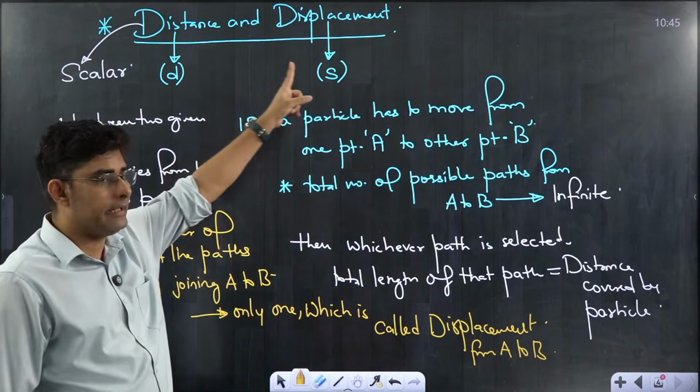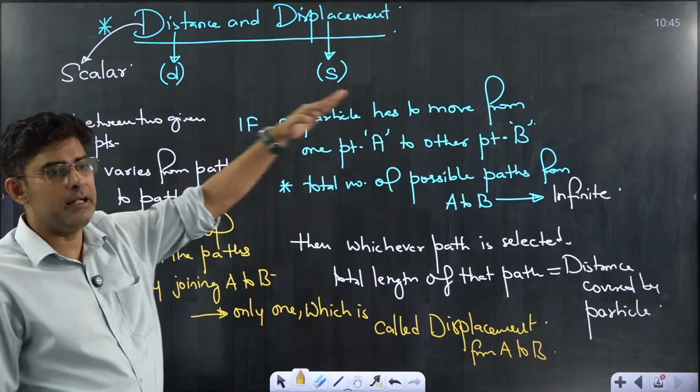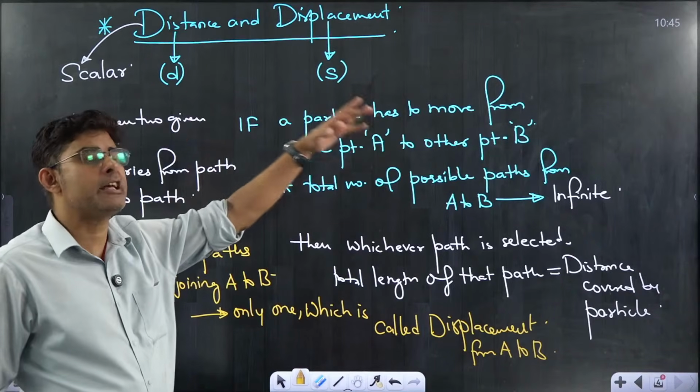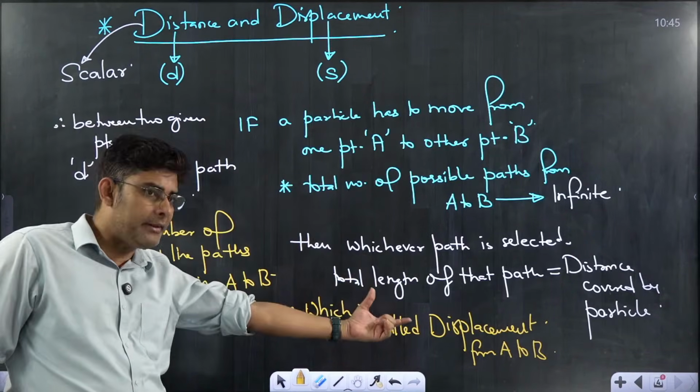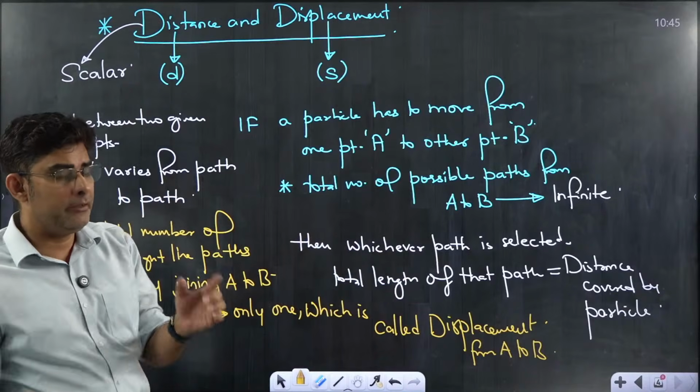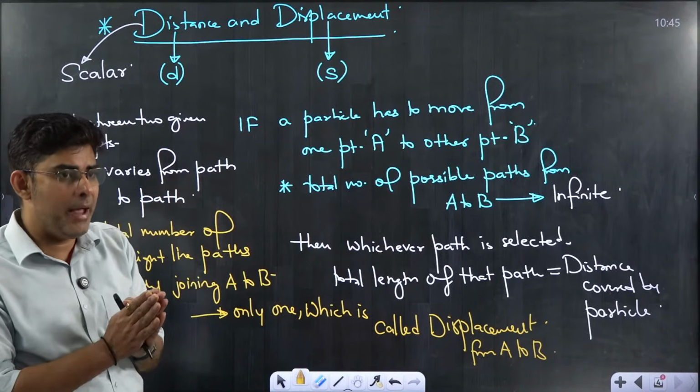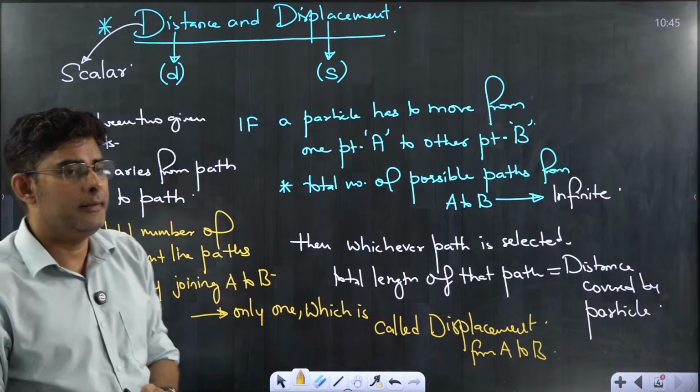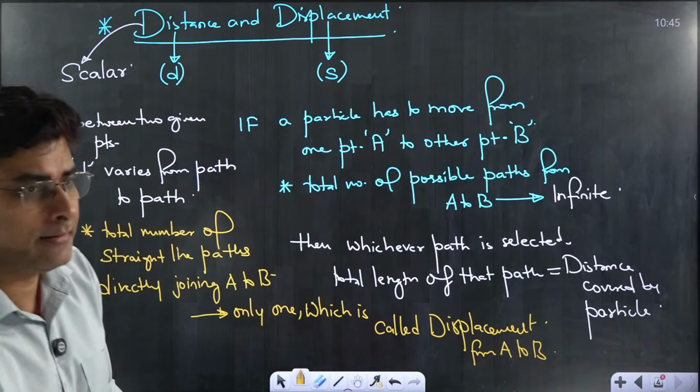You have a single direction, that is a fixed direction, and it has a fixed length also. So when you have a fixed direction and fixed magnitude, what do we call such physical quantities?